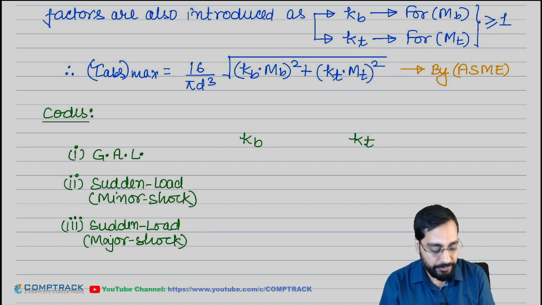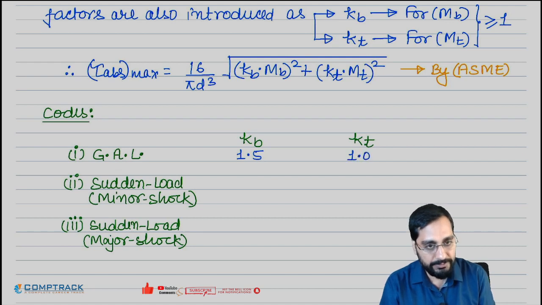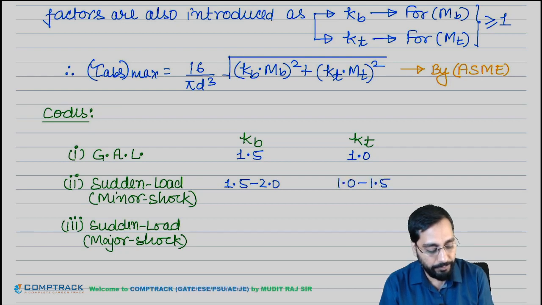For this, the Kb value is 1.5 and this value is 1. This value is 1.5 to 2 and here 1 to 1.5.